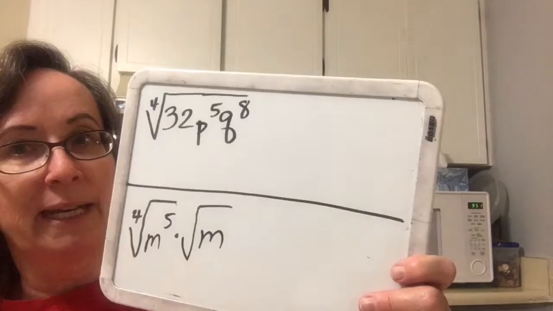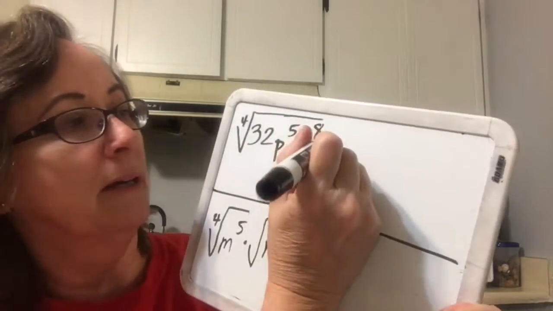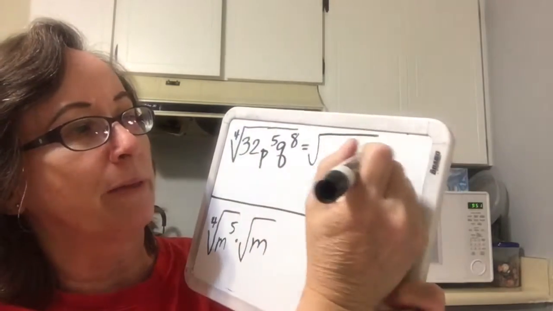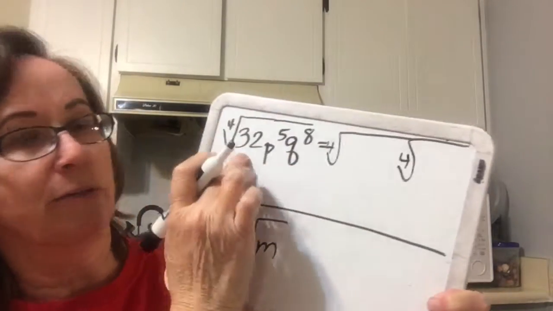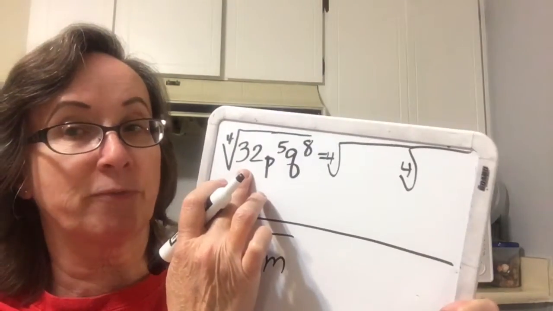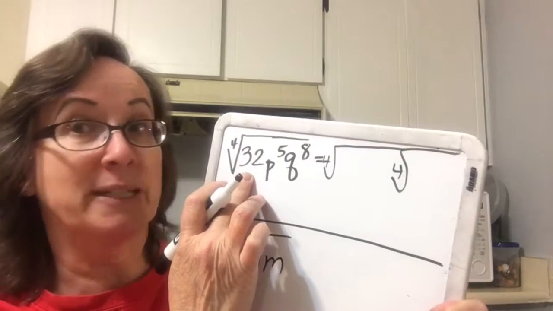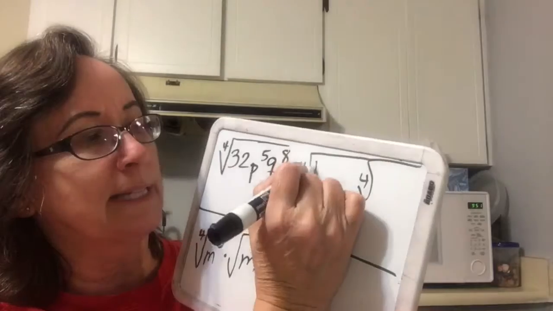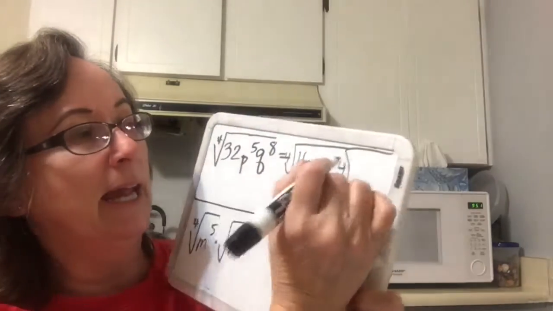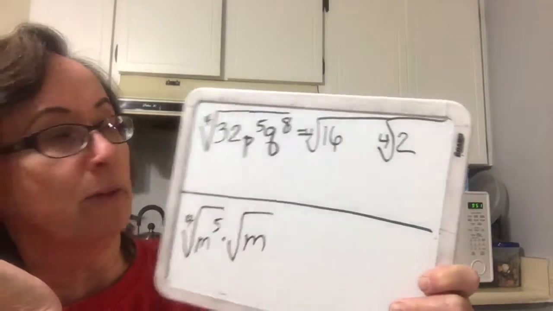So here we're going to have to split these up too, into a perfect fourth root and a leftover fourth root. So 32 does have a perfect fourth in it. 32 itself is a perfect fifth. It's 2 to the 5th. So we're going to put 16 in the perfect one and 2 left over in the other one.